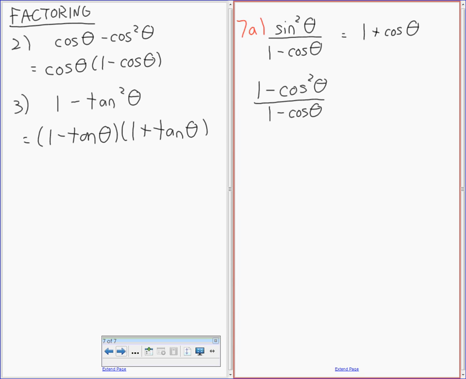Can we not just cancel? Do you have to do the difference of squares? What's the numerator turn into? 1 minus cos theta times 1 plus cos theta. Awesome, good. So you have to factor before you cancel. And then the 1 minus cos theta.